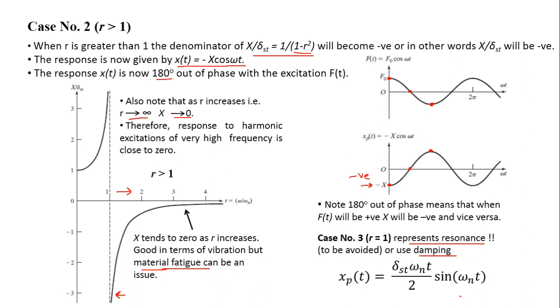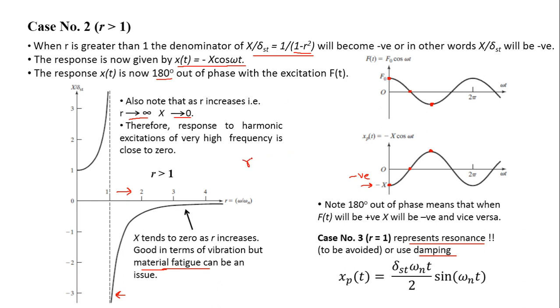This expression is obtained by considering the total solution of the forced response, that is the homogeneous part plus the particular part, and using L'Hospital's rule in the limit when omega reaches omega n.